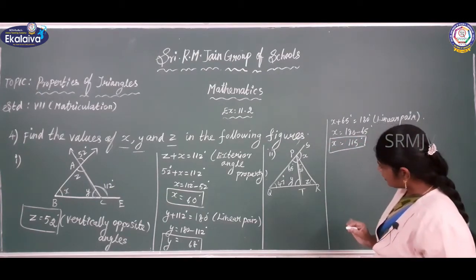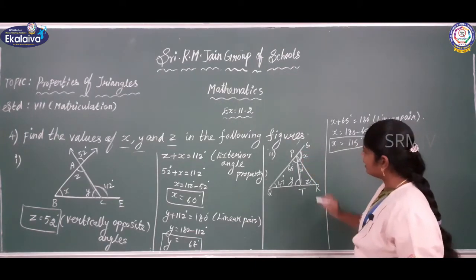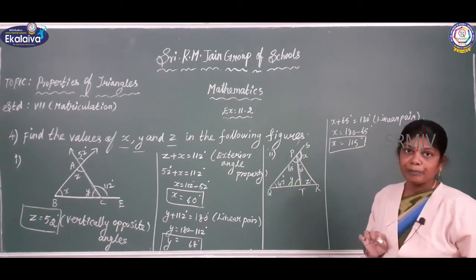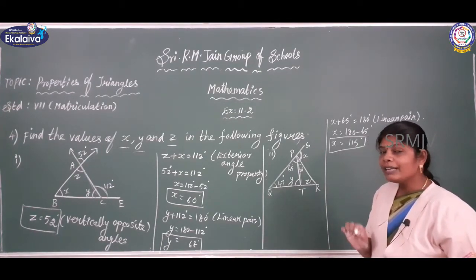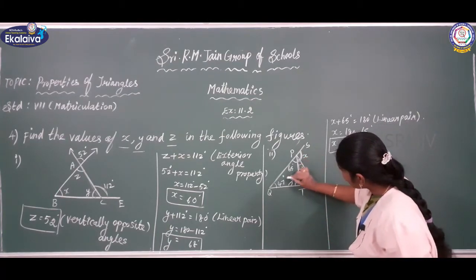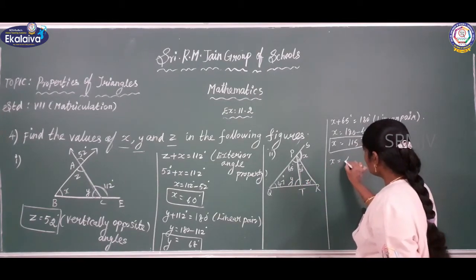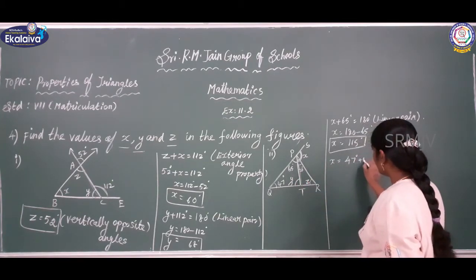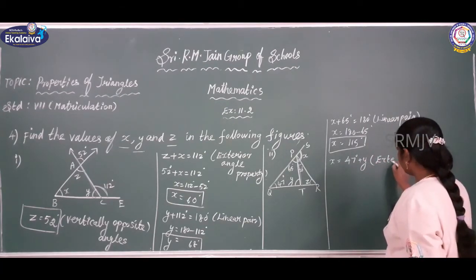And the next. See here, x is the exterior angle. You know the exterior angle property: the exterior angle is equal to the sum of the two opposite interior angles. So what are the opposite interior angles? 47 and y. So x equals 47 plus y. Here we are using the exterior angle property.